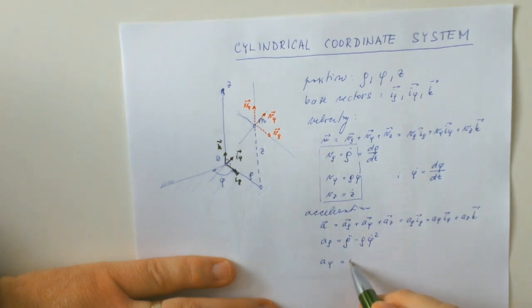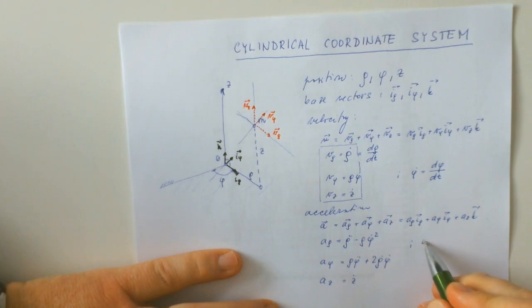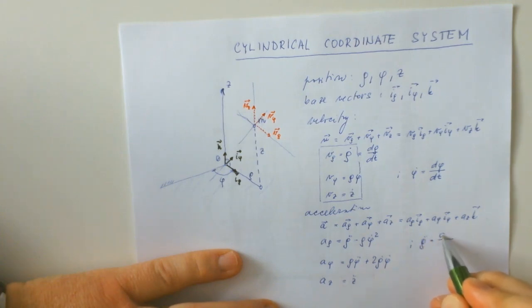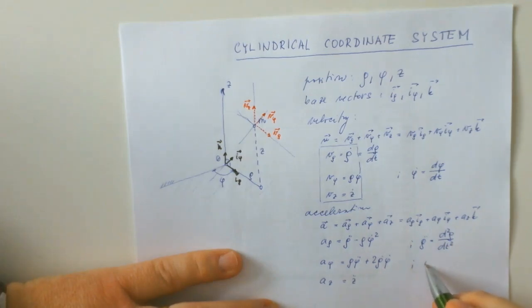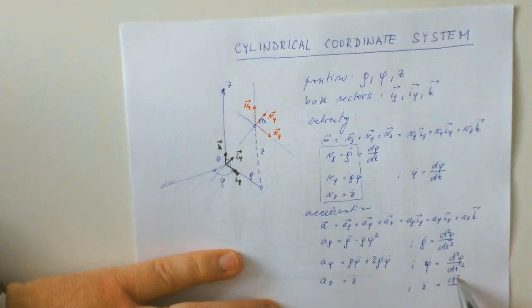A phi is rho phi with two dots plus 2 rho dot phi dot, and az is z with two dots, where rho with two dots is the second derivative of rho with respect to time, and phi with two dots is the second derivative of phi with respect to time. And naturally, z with two dots is the second derivative of z with respect to time.